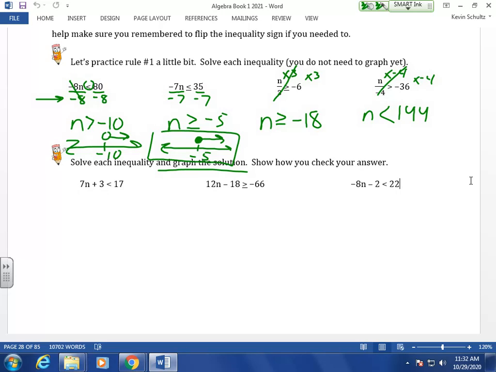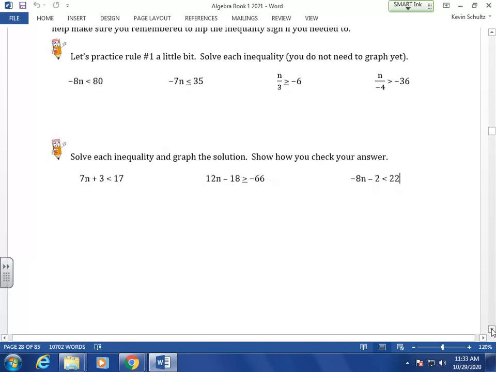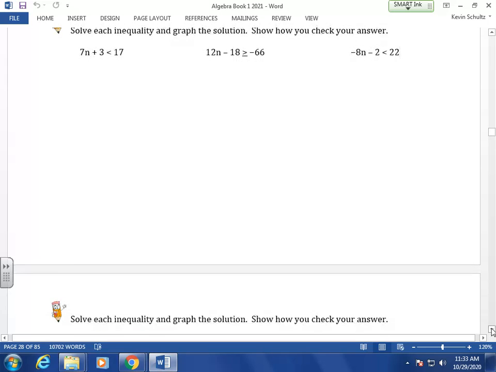All right. So down to the two-step ones. Like we talked about, the process is very similar to an equation in the sense that you've got a coefficient, you've got a constant. You want to use opposite operations, move the constant over, multiply or divide by that coefficient, and then you're just going to graph your solution.